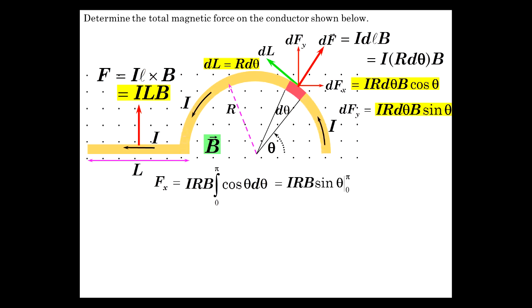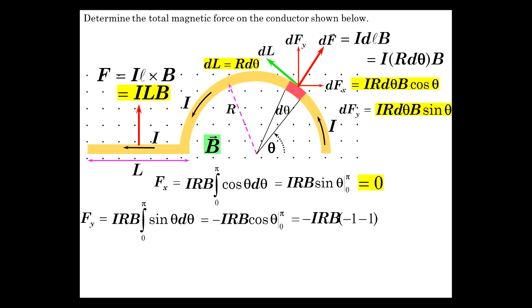When we do that, we get IRB sine of theta from 0 to pi, which is 0. Yes, symmetry. If you put this little force outward all around here, it all cancels. Okay, good. Now, what's the y force?